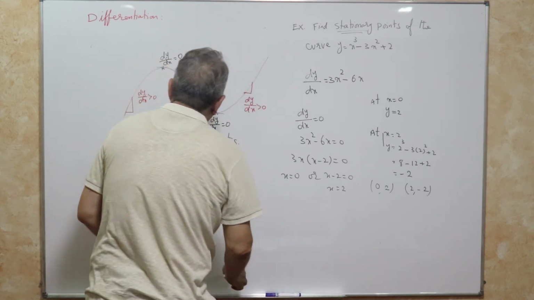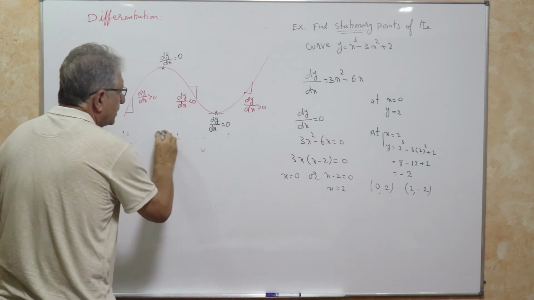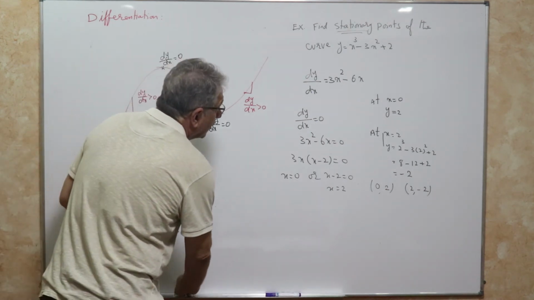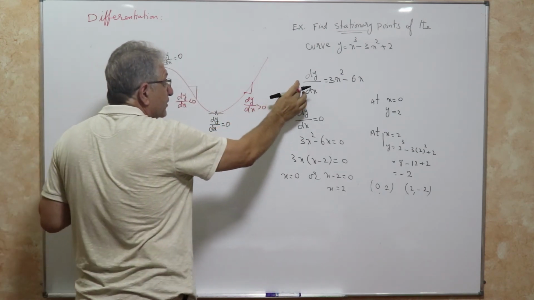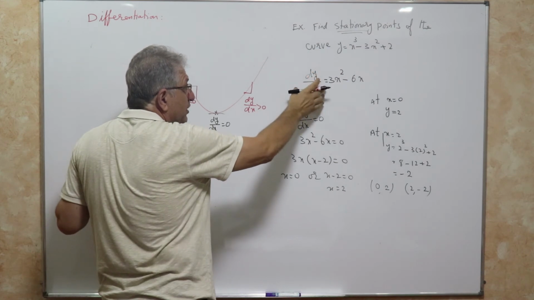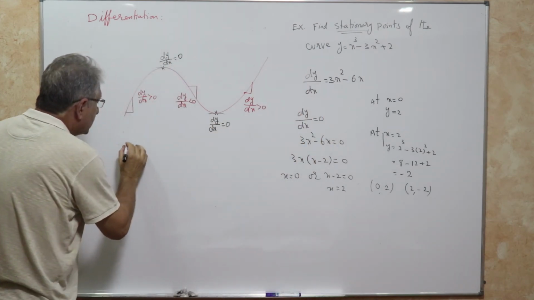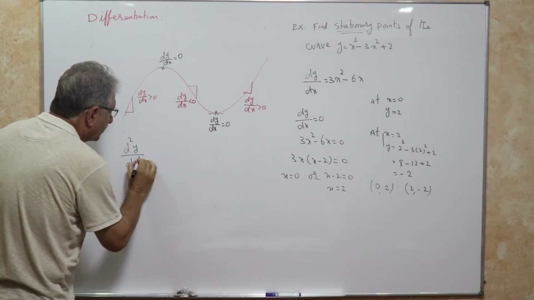You may find the notation a bit strange, but it is not. We call it the second derivative. That means you are differentiating the first derivative once more. The notation is d squared y divided by dx squared.